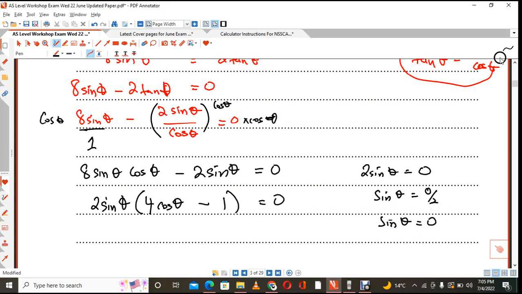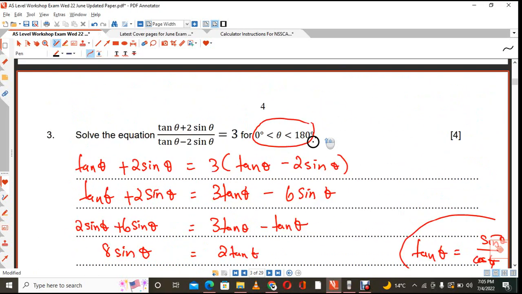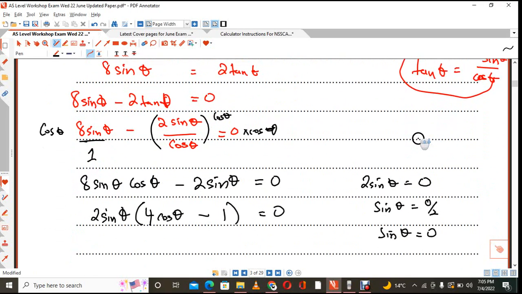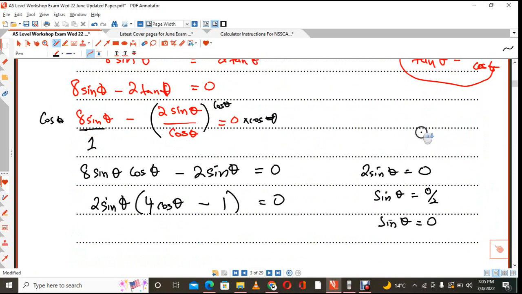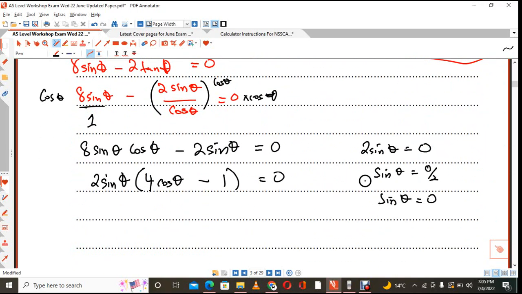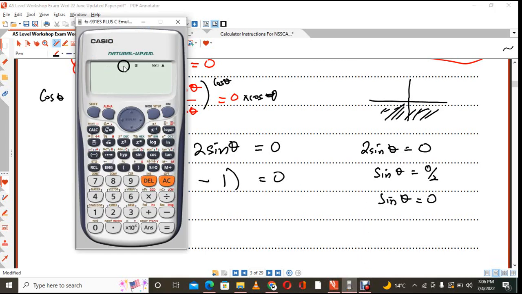Okay, why is that? Let's look at our domain. Remember, our domain is from 0 to 180 degrees. But now, what is sin theta equals 0 equal to? I'll wait for you to tell me. If you don't know, you use your calculator. Make sure your calculator is in degree mode.